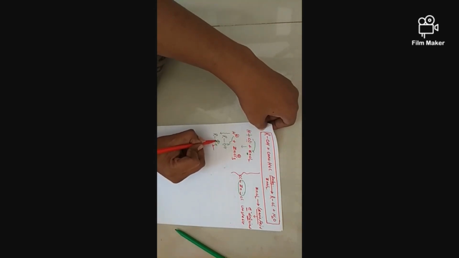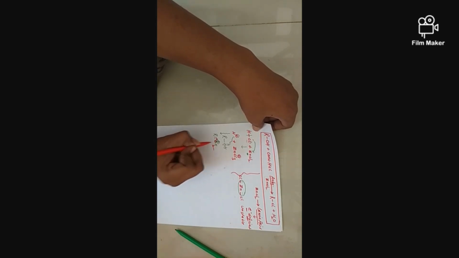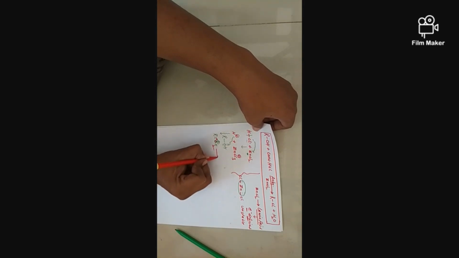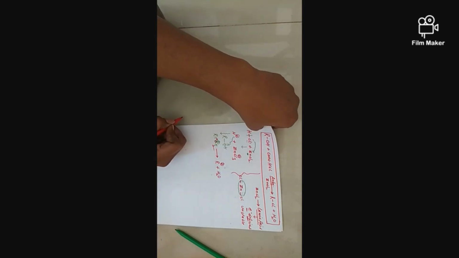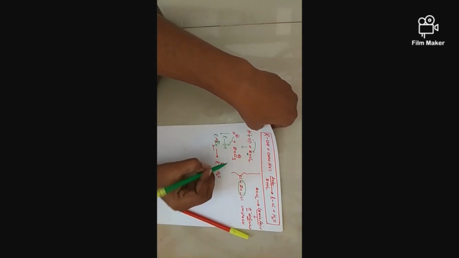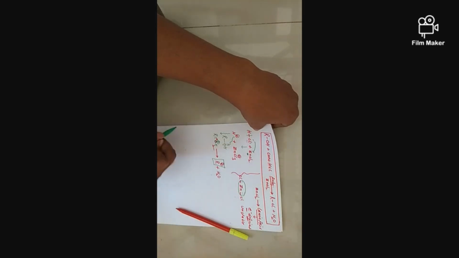Here oxygen has a positive charge, so the bond pair of electrons is attracted to oxygen, and we get R plus and H2O.